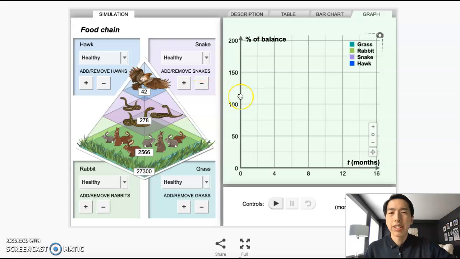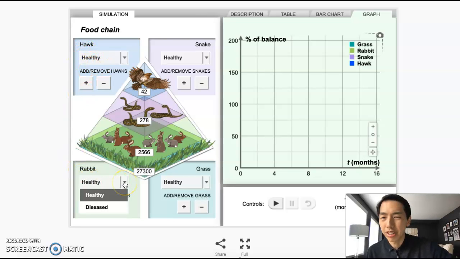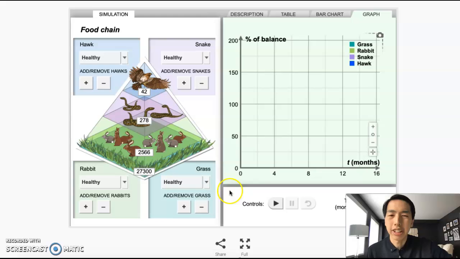So this is one of the Gizmos, just to show equilibrium. And this is just one food chain. So there's hawks, snakes, rabbits, and grass, and the populations are shown with these numbers here. And you can decide if you're going to have healthy populations or diseased populations, but we'll stick to healthy right now.